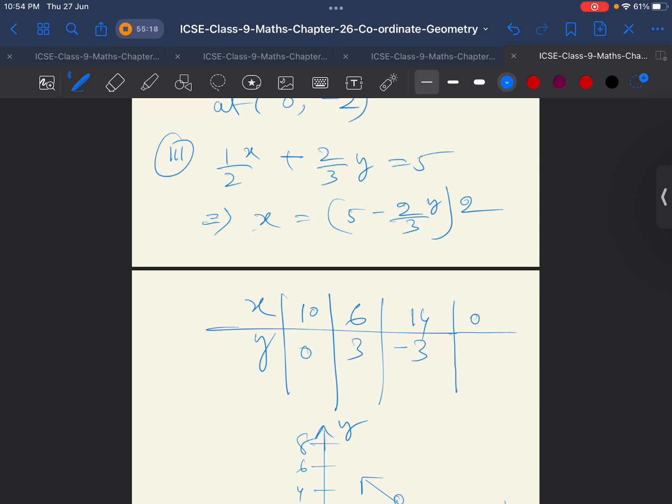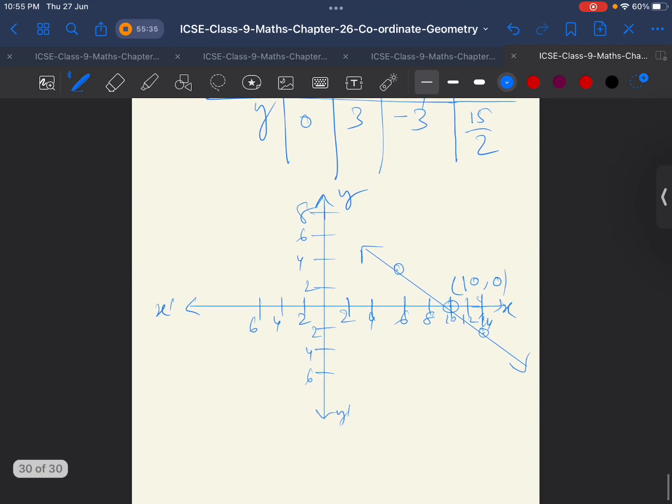So when x = 0, then (2/3)y = 5, y = 15/2. Okay, so 15/2.